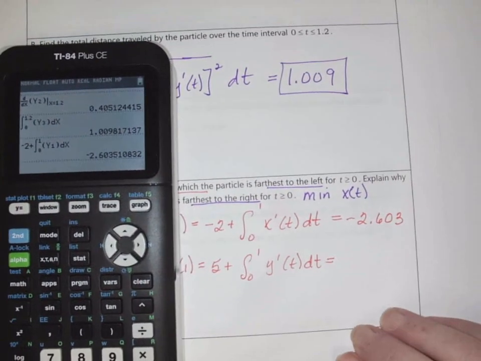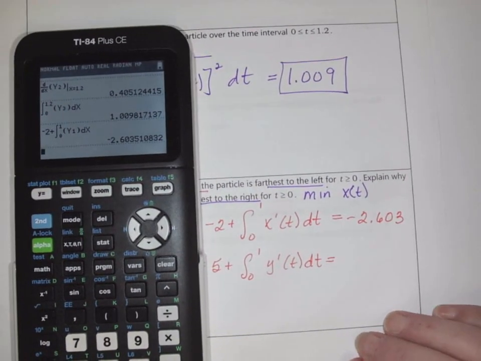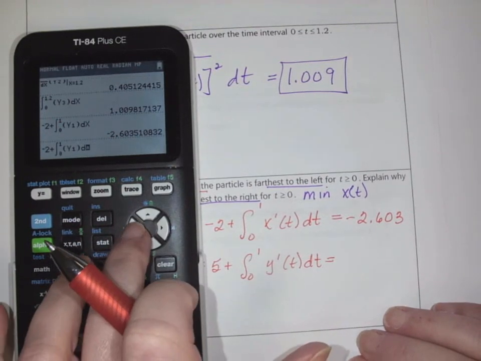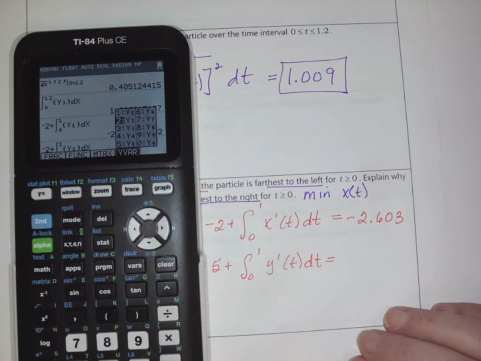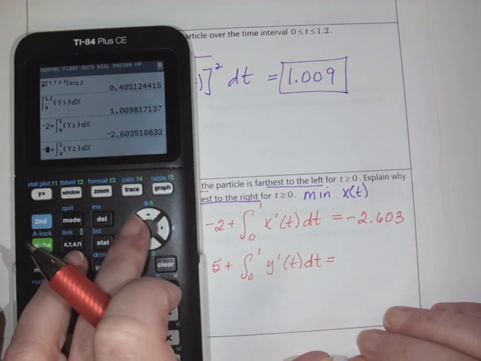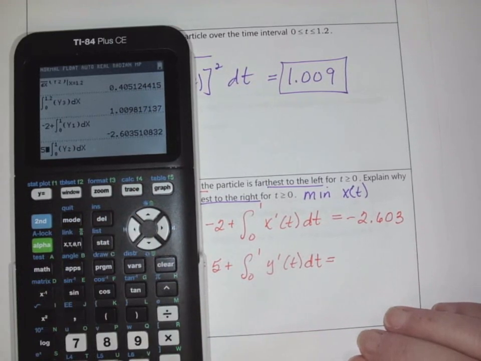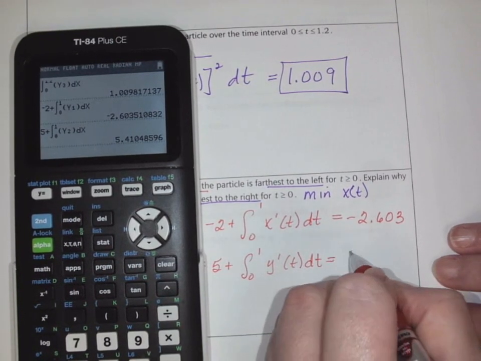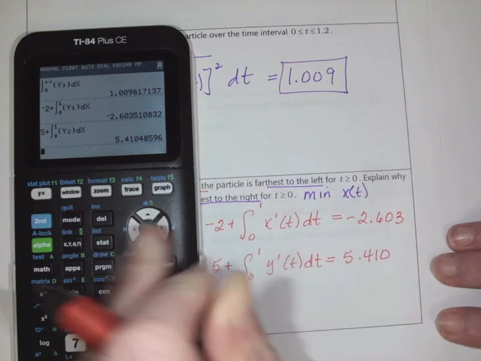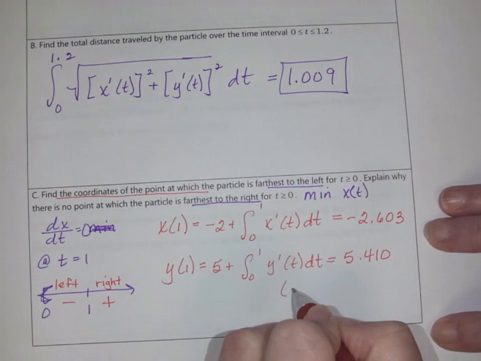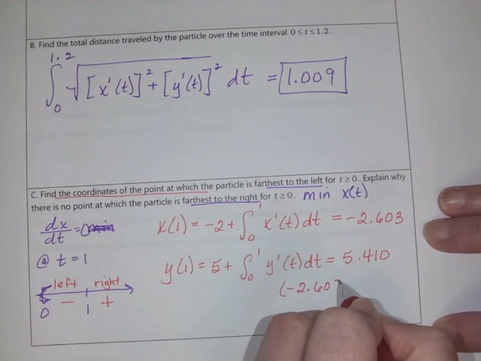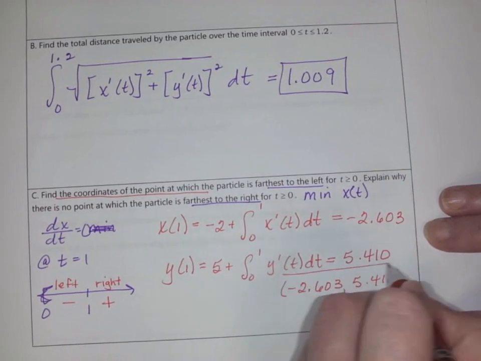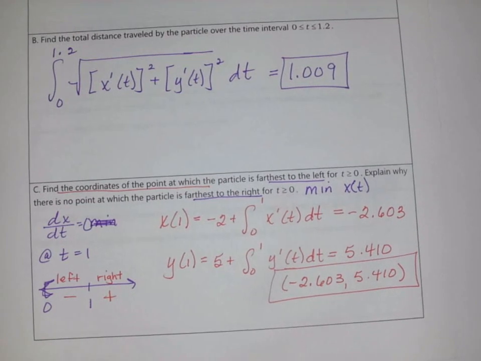And for y, let me change this to y2 and change this to 5, and I get a y value of 5.410. So the point then is (-2.603, 5.410). It's an ordered pair, so it goes in parentheses.